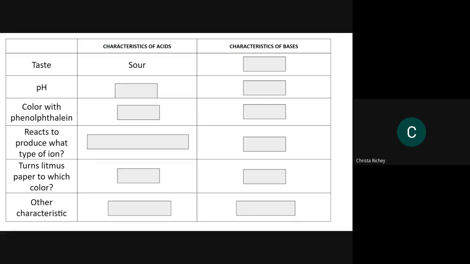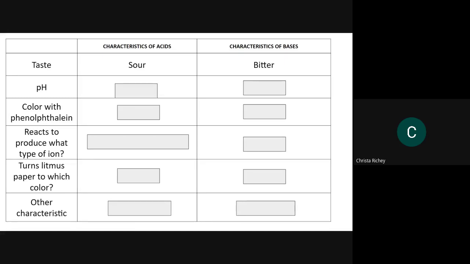And then if you bite into something that is a base, what is that gonna taste like? Bitter. Yeah, that's sort of like the response. If you've ever had your mouth washed out with soap, I don't know if parents still do that anymore, that reaction is to a bitter taste.